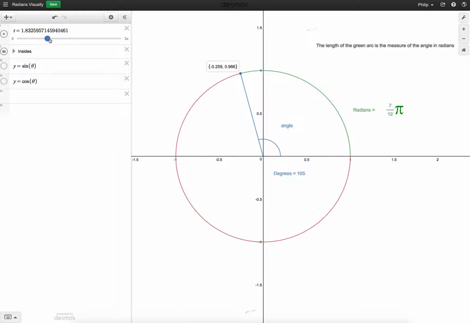So the question we have is, if I travel some distance around the unit circle without actually having this worksheet in front of me, is there a convenient way for me to figure out what the coordinates of my point are? So say if I traveled 2 pi over 3 around the unit circle, what would my x-coordinate be, and what would my y-coordinate be?